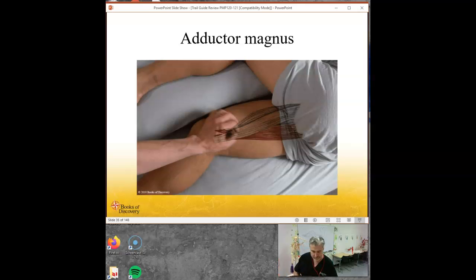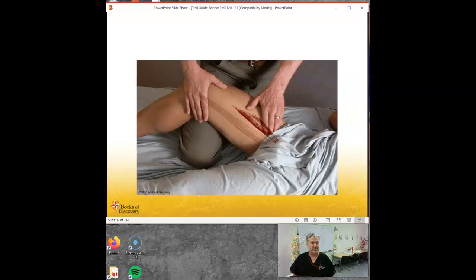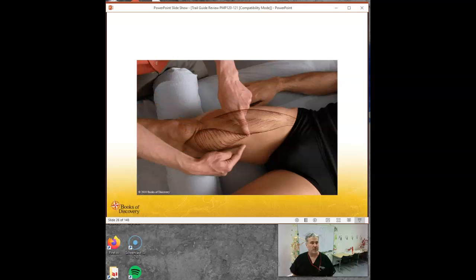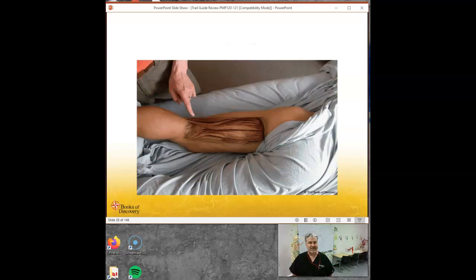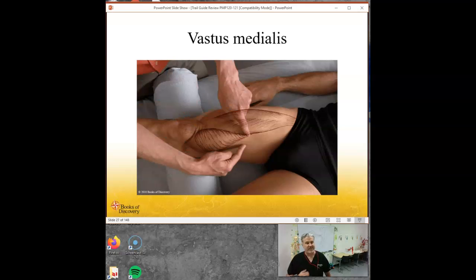All right. Miss Estes. Yes, Miss Estes. Before we get to that, where do all four quadriceps femoris group muscles insert? Into the patella and then into the tibial tuberosity.